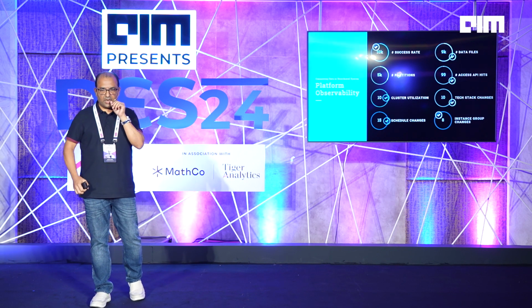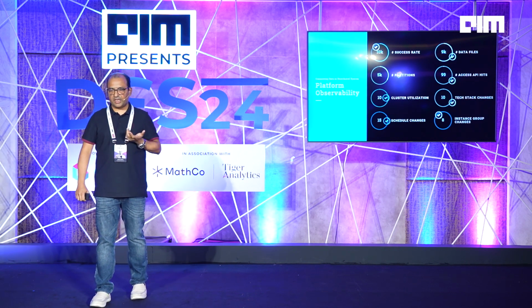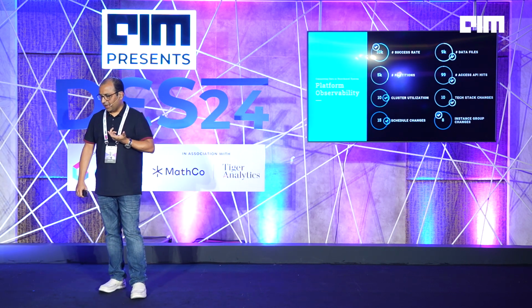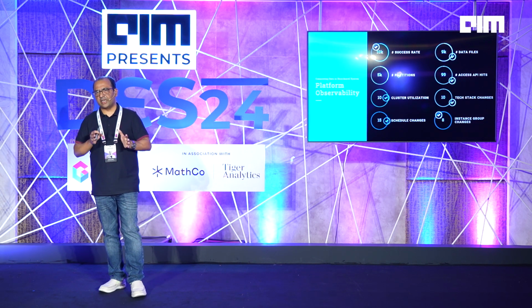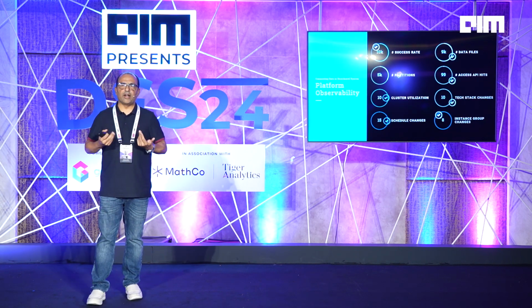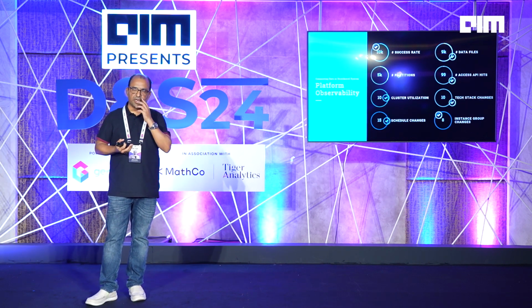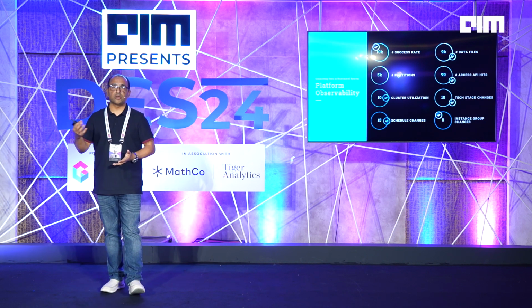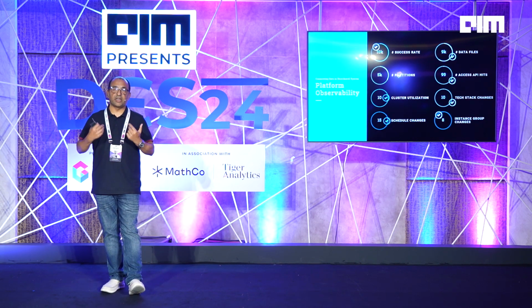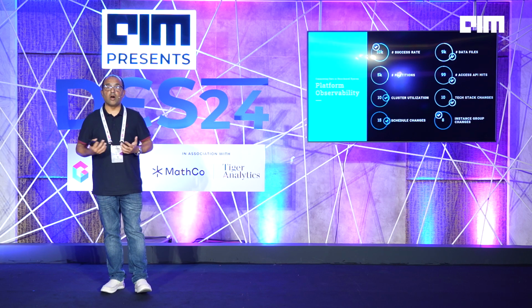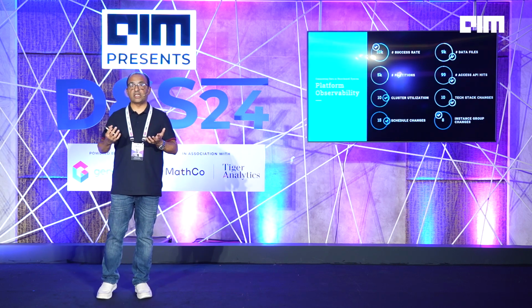Platform observability. Again, it's very similar to the cost observability. The platform is emitting logs, and those logs have various types of data. You can leverage those logs and extract metrics out of them to see how efficiently I am utilizing my infrastructure.